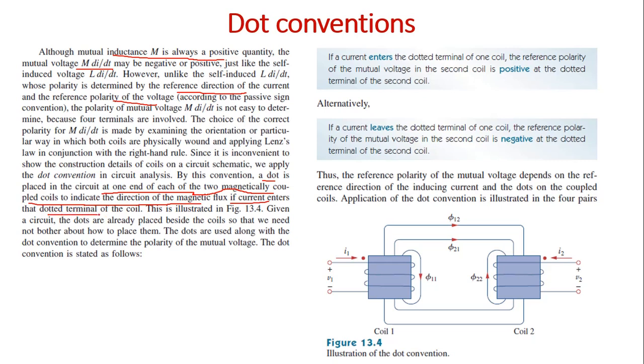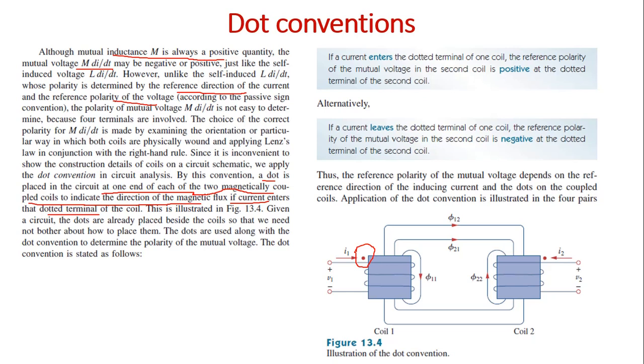So normally, when we draw a coil, we have two ends for the coil, right? So this dot, what we are speaking about, like this, you can see it here, will be placed at either one end of the coil or the other end of the coil. So if you take one coil, we can place the dot at two ends.